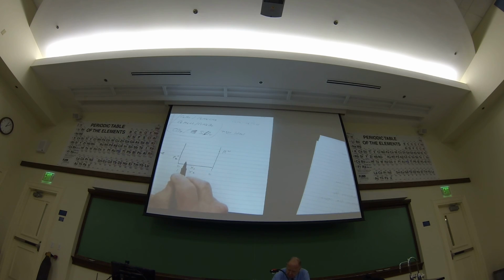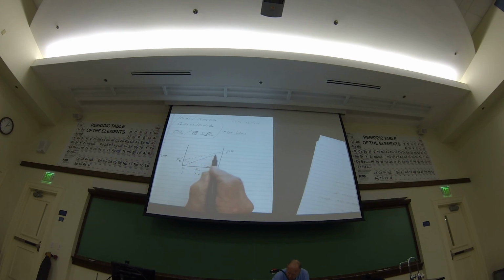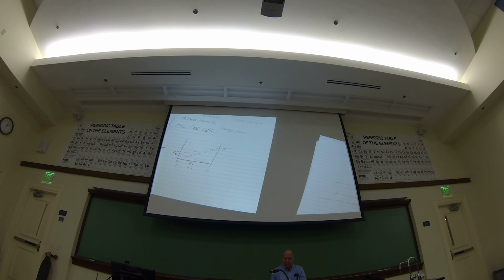There are the pure vapor pressures. What would be the vapor pressure of solutions out here at different compositions? They would follow this straight line. What would be the partial pressures of the species? They would follow these straight lines. That's the behavior of an ideal solution.